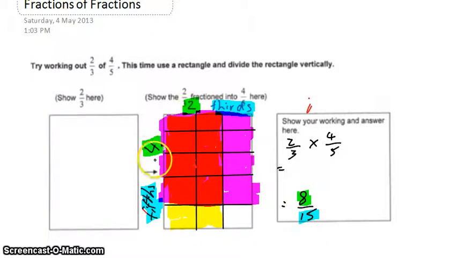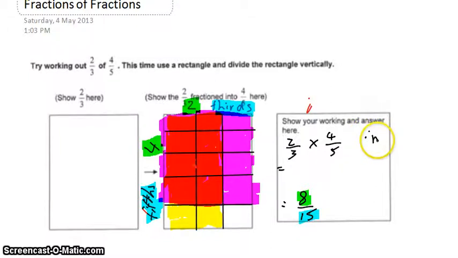So 2 times 4, the green part, gave me 8 as my answer, and thirds times fifths gave me 15ths as my answer.